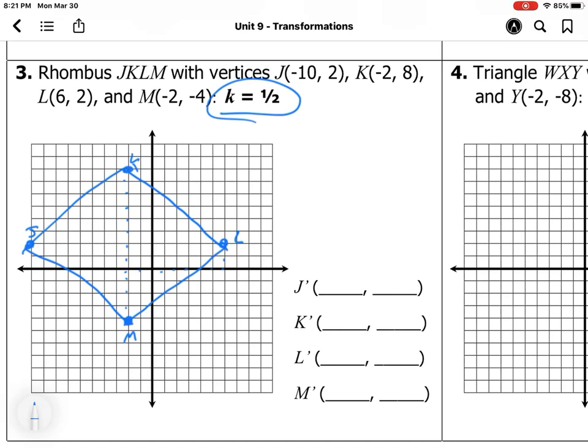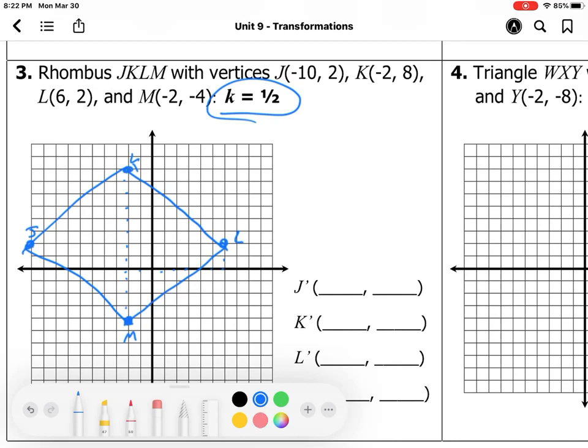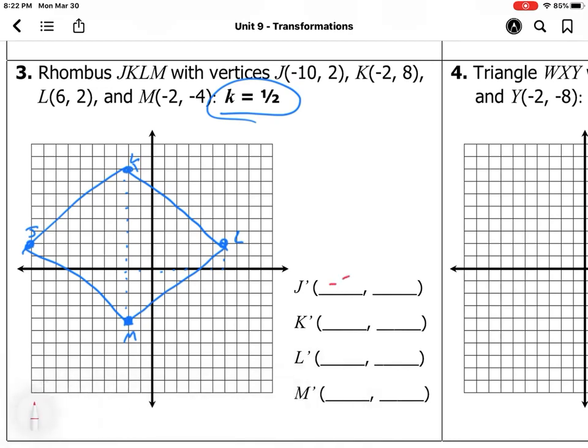So now, in order to get our image, we need to multiply each x and y by a half. Or we can just divide each of those by 2. So we have negative 10 divided by 2, which is negative 5. 2 divided by 2 is 1.